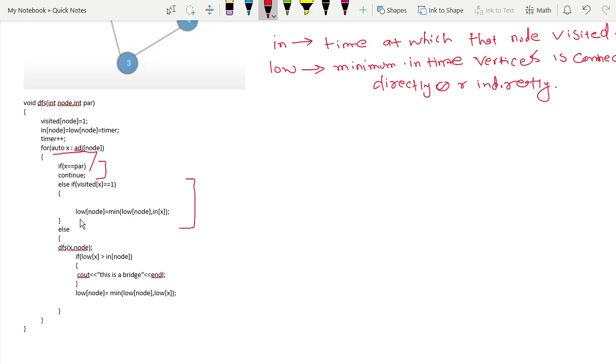In that case, we will update the low time of the node: low time of the node is the minimum of the low time of the node and the in time of the child that we are trying to traverse, but we are not traversing because it is already visited. So this was the first case, this was the second case, and this is the third case.